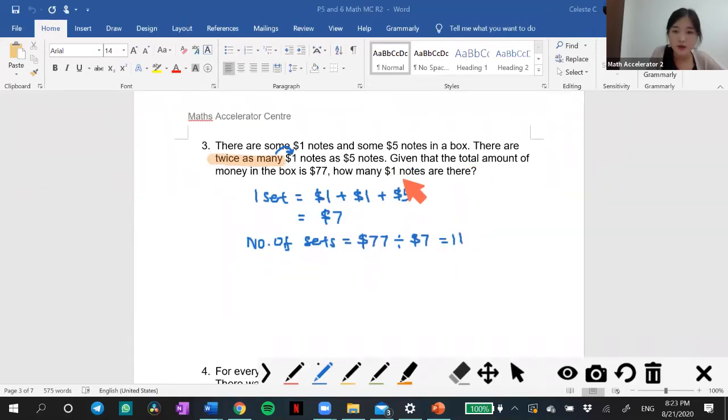Then they're asking you for $1 notes. So look at $1 notes. In one set, how many are there? Look back at what you wrote at the beginning, one set here: $1, $1, $5. So you have 2 $1 in one set. So you put here 2. And you found out how many sets there are, right? There are 11.